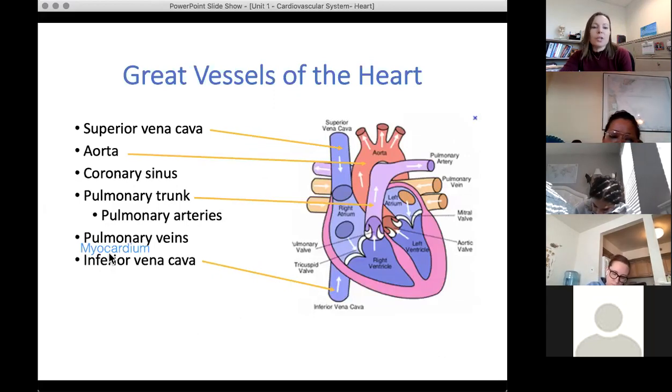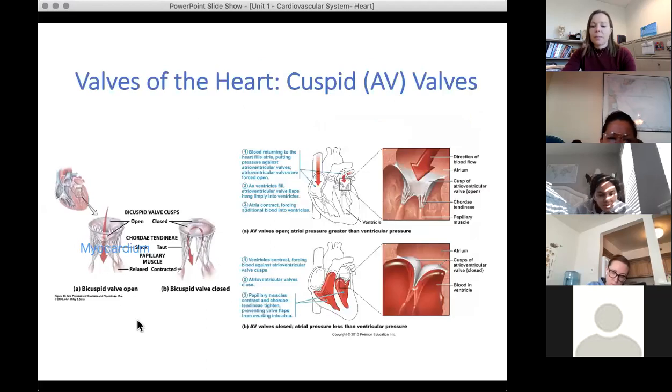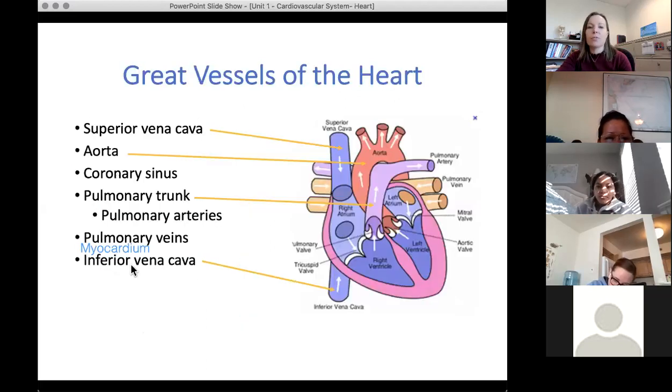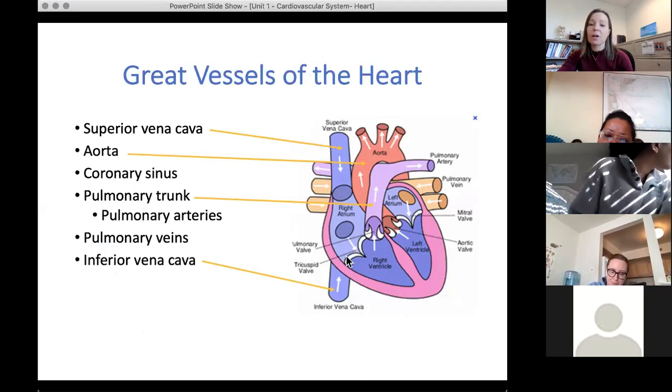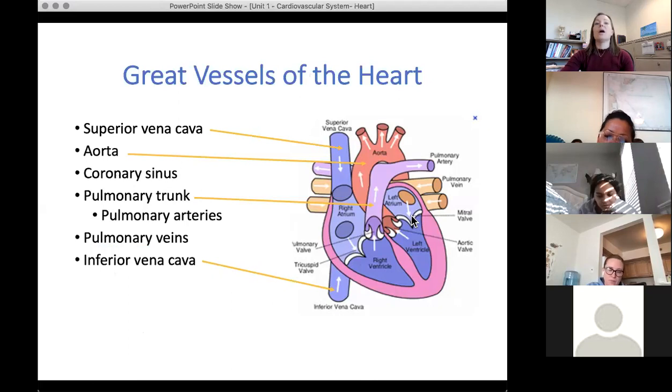So here's another view of the heart where you can see just a representation of the valves. So I showed you guys on the other picture, the cuspid valves. Here's where they are on this diagram. Their function is to prevent the backflow of blood.